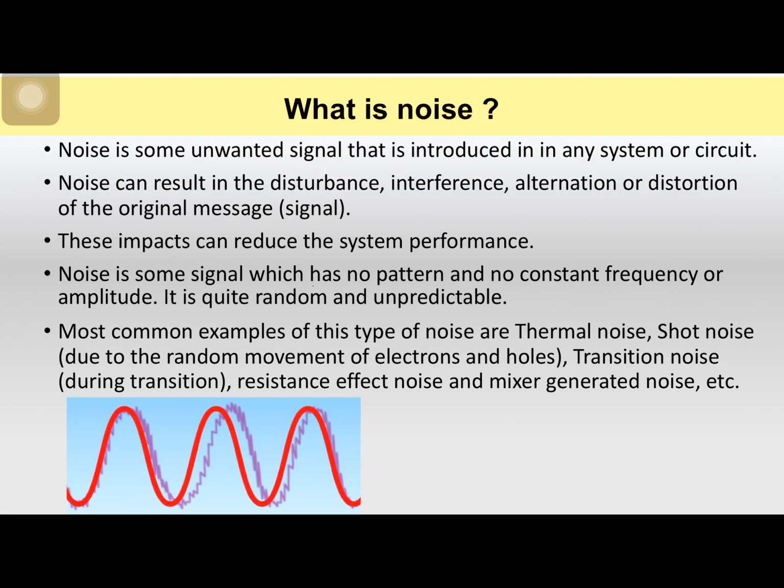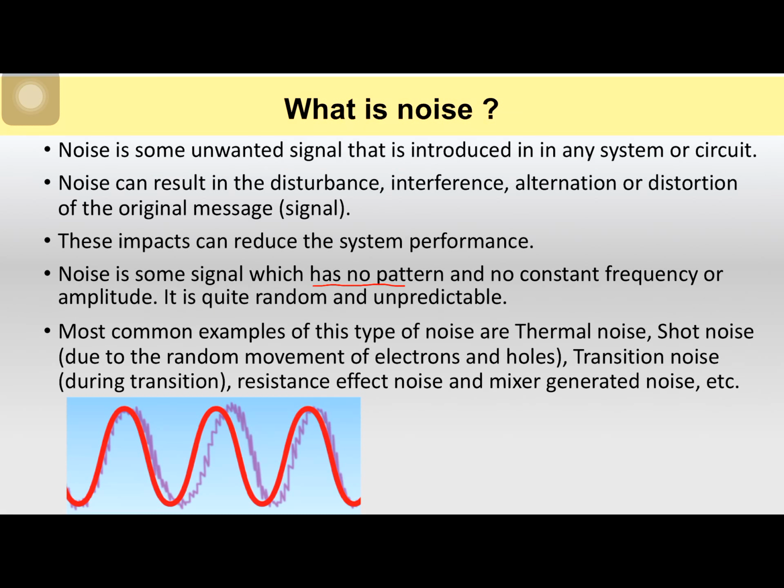So what is the noise? Basically, the noise is the unwanted signal that is introduced in any system or any circuit. The noise can result in the disturbance or the interference or the distortion of the original message or original signal.